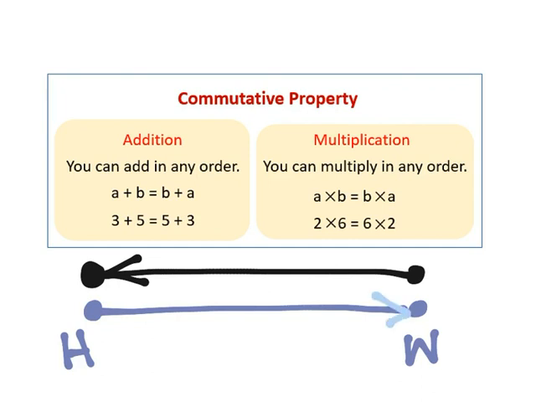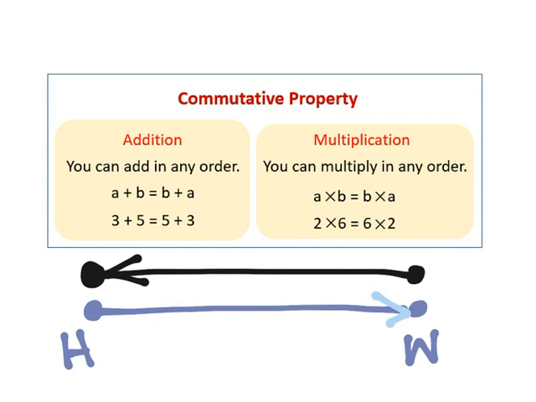That's what the commutative property essentially is: you can change the order or the direction of something, but the distance, like the equivalency, remains the same. So this works in addition and multiplication, and you can change the order in adding or multiplying, and it won't change the final result.